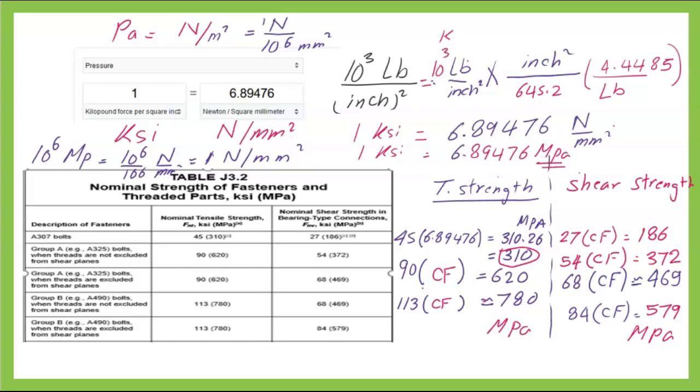For the A307 bolts, the nominal tensile strength of 45 KSI is multiplied by 6.89476 to get the value in Newton per millimeter square, which will be equal to 310.26 Newton per millimeter square, rounded to 310 Newton per millimeter square as in table.